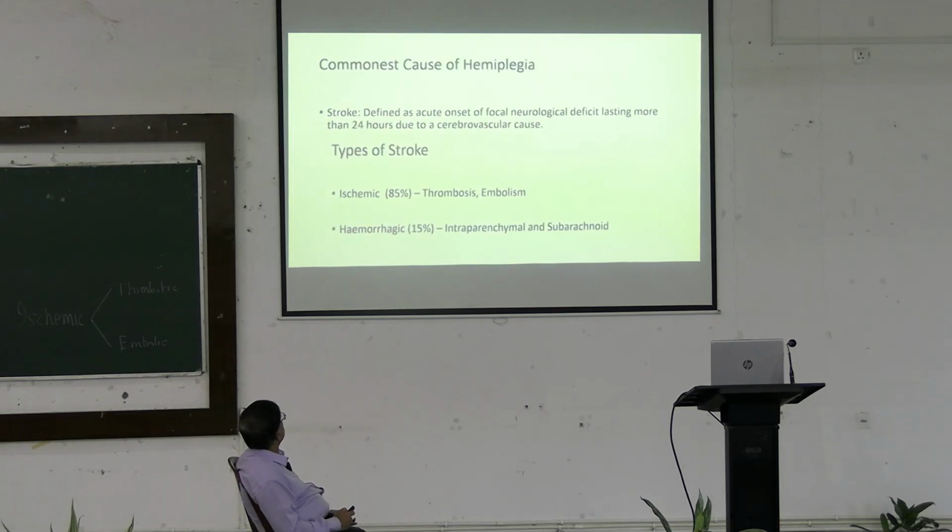The commonest cause of hemiplegia, as you know, is stroke, defined as acute onset of focal neurological deficit lasting more than 24 hours due to a vascular cause. This is the definition of CVA, cerebrovascular accident, or stroke.